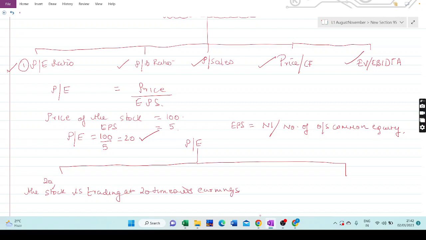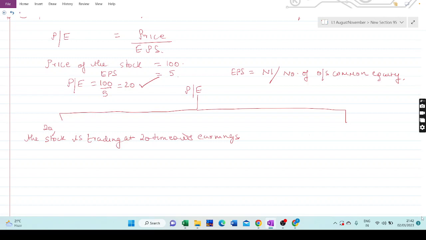What could be the second interpretation of the PE ratio? Guys, please tell me what could be the alternative interpretation?